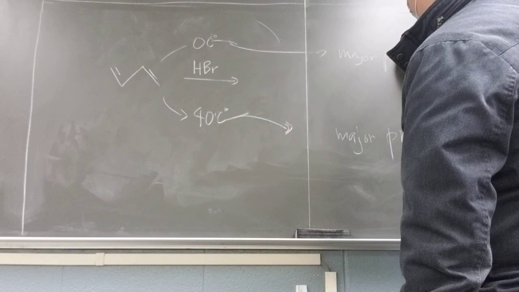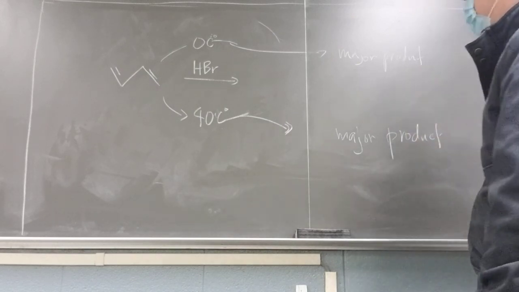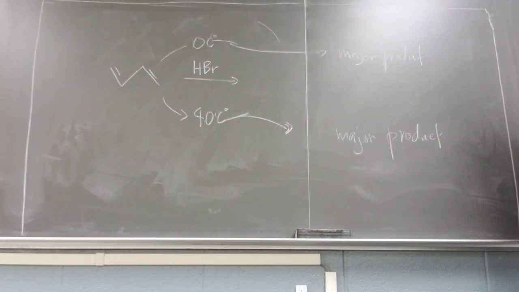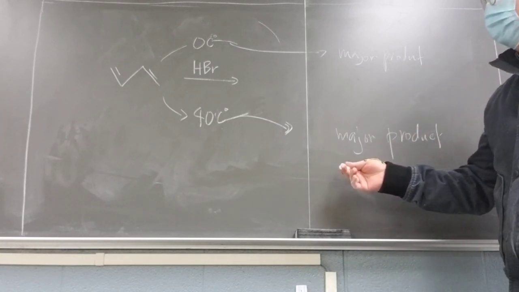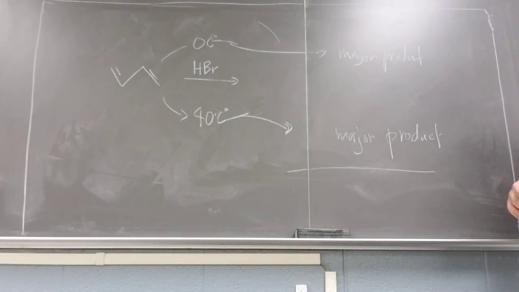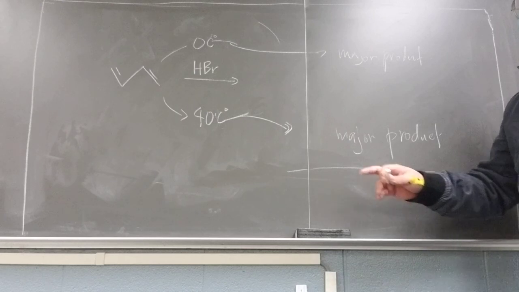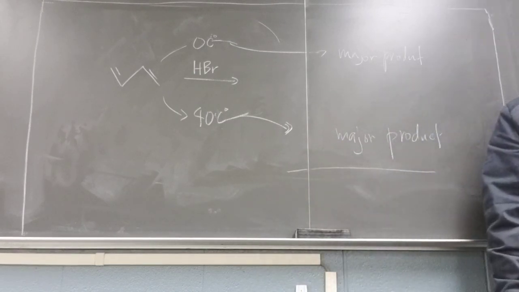So we're gonna do the same chemical reaction with the diene, but at different temperatures. And you can just try to draw the major product in two different environments. One is at 0 degrees Celsius, and the other one is at 40 degrees Celsius.